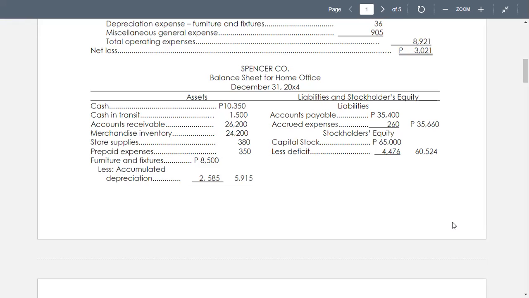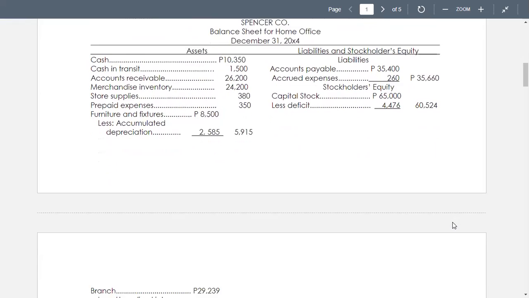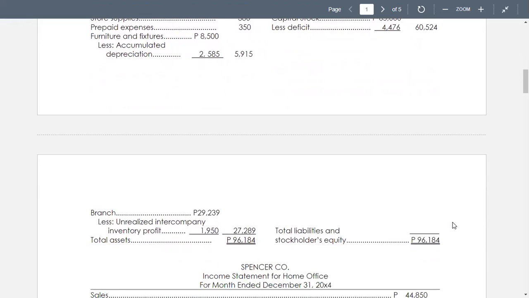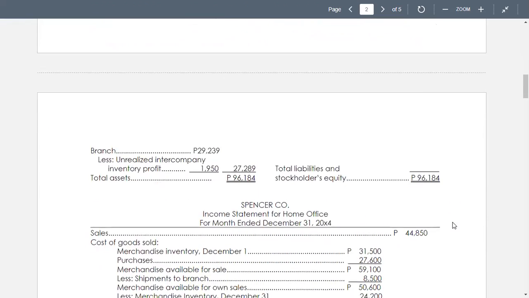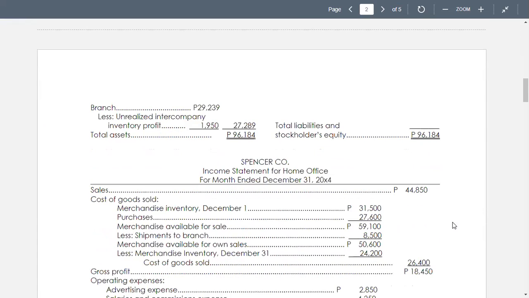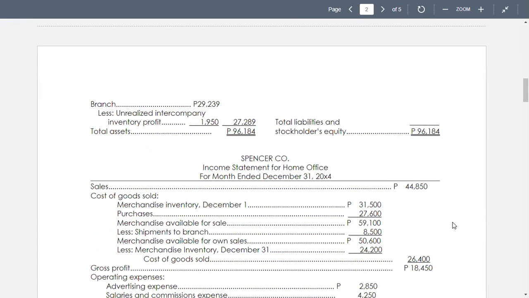Then we add the net income of the home office and deduct its net loss. So that will give us 4,476. Okay, so I have actually ended up for this very long problem.